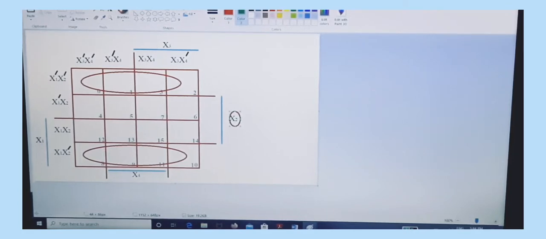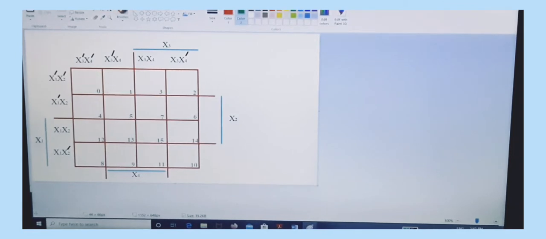Now let us look at how to simplify if we get 4 ones together. For example, if we take these 4 cells, then how to get the corresponding minimized expression for this?